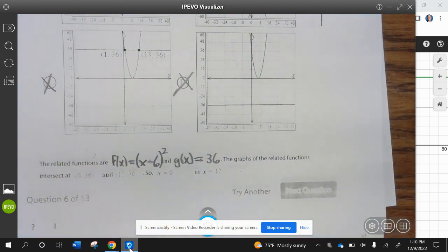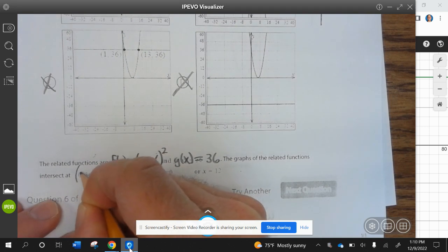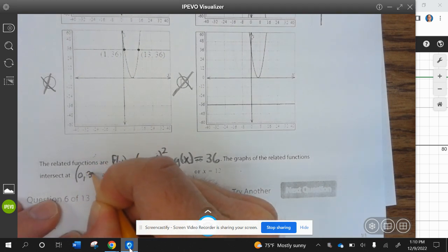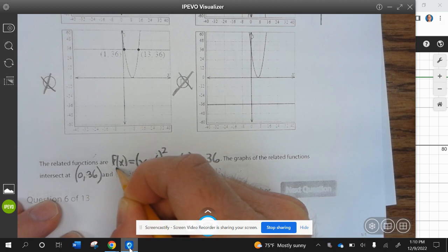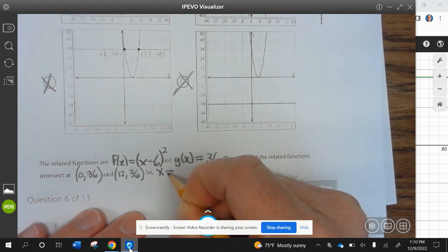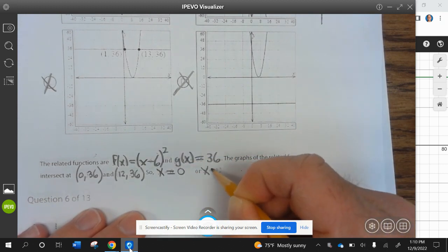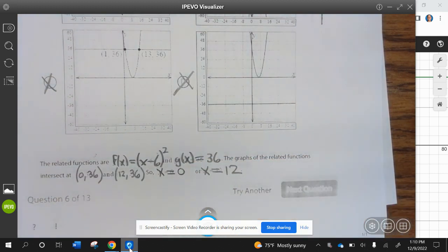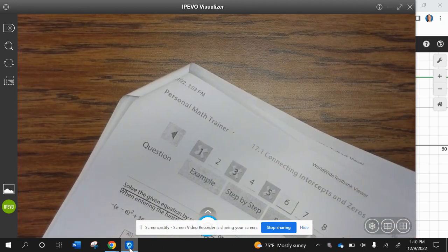The graphs of the related functions intersect at (0, 36) and (12, 36). So x equals 0 and x equals 12. All right, let's take a look at the next example.